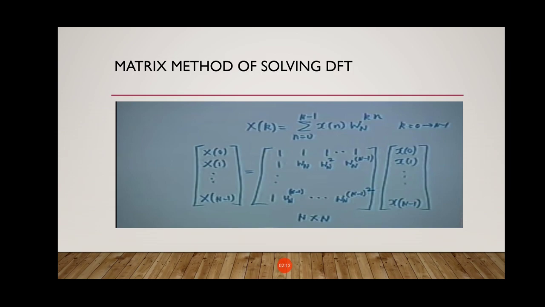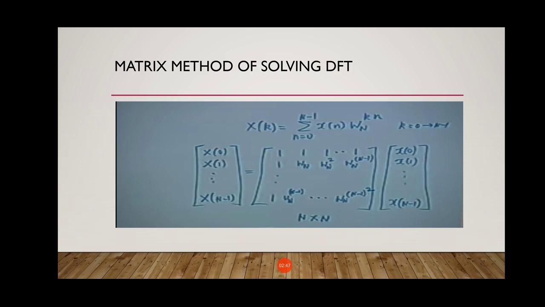Then in the next column, n is 1, k is fixed at 0, so you have W_N to the power 0, that is again 1. Then k is 1, n is 0, that means W_N to the power 0, that is again 1. So all the elements of the first row are 1. Similarly, all the elements of the first column will also be 1.